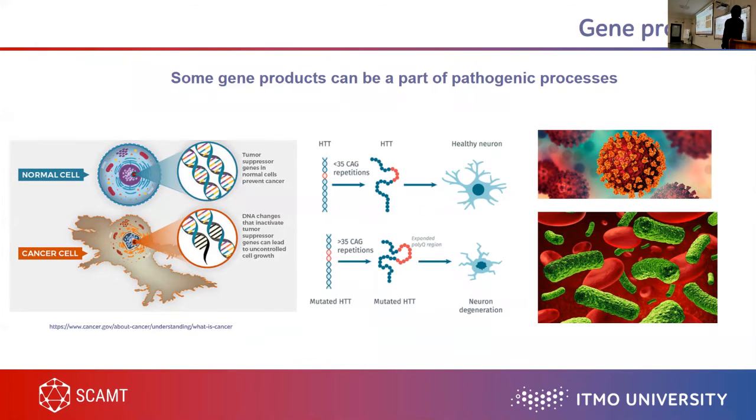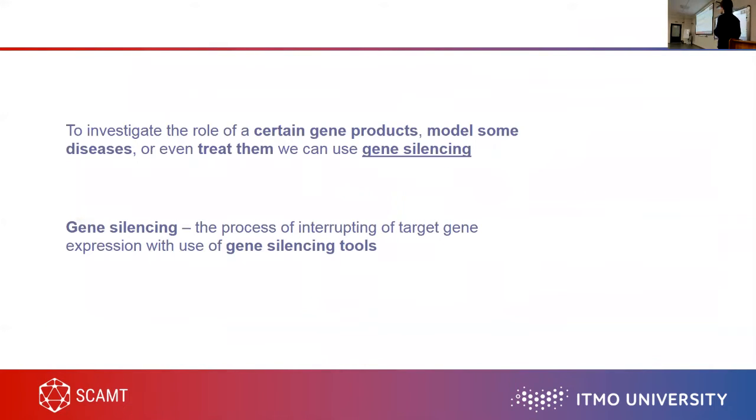For example, if we want to investigate the role of certain gene products, or model some diseases, or even treat them, in this case we can use gene silencing. Gene silencing is a process of interrupting target gene expression with the use of gene silencing tools.